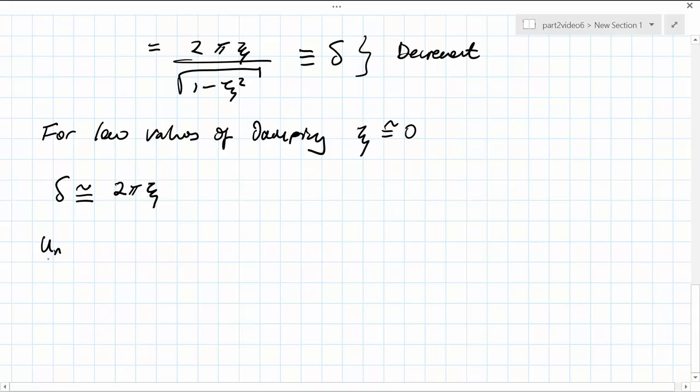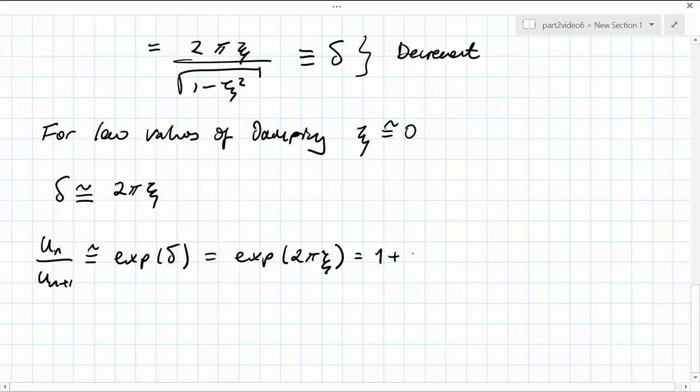Then un over un plus 1 is approximately equal to the exponential function of delta, which is equal to the exponential function of 2 pi zeta, which we could then expand out with the Taylor series, 1 plus 2 pi zeta plus 2 pi zeta all squared over 2 factorial plus other terms.